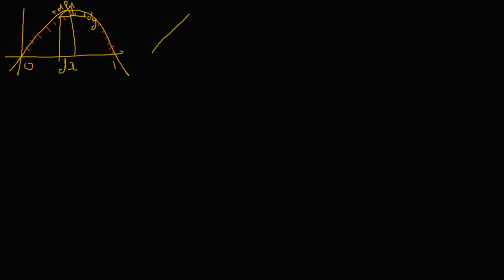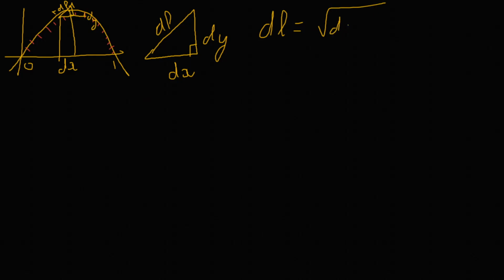So if the values are very small, this will basically be a straight line. So this will form a right angle triangle with dx and dy as its sides. Using the Pythagoras theorem, we can find out that dl equal to under root of dx whole square plus dy whole square.